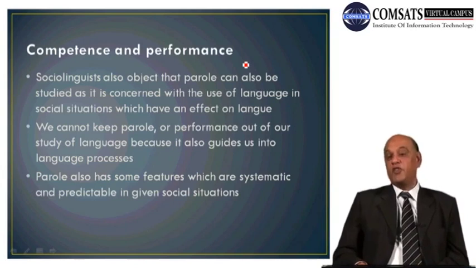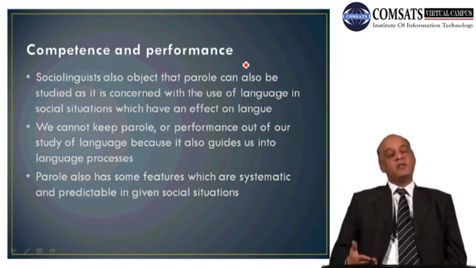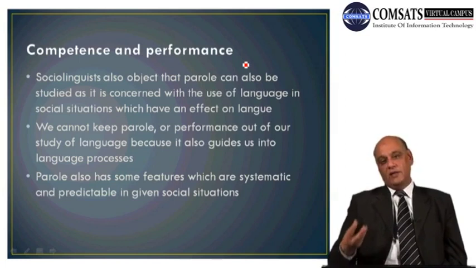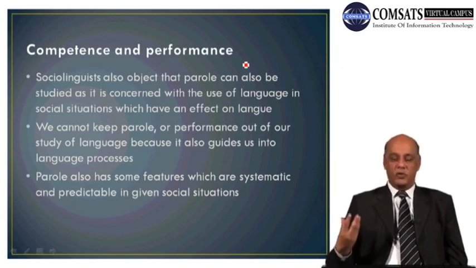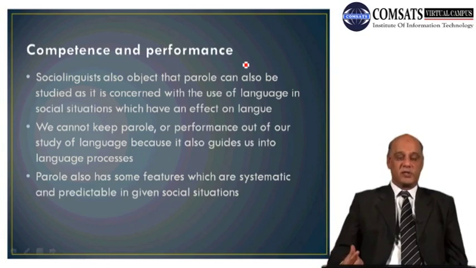Parole also has some features which are systematic and predictable in given social situations. Now here we see that in different social situations we have a certain fixed kind of vocabulary, a certain fixed kind of language, and only that language or those sentences are used in certain social situations.